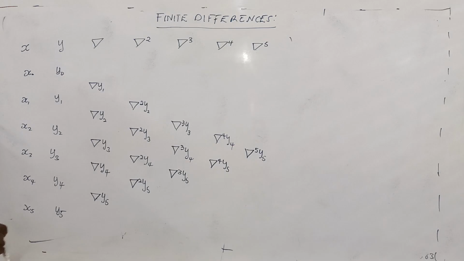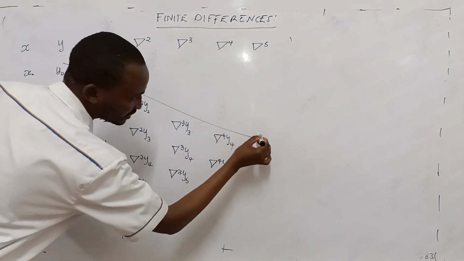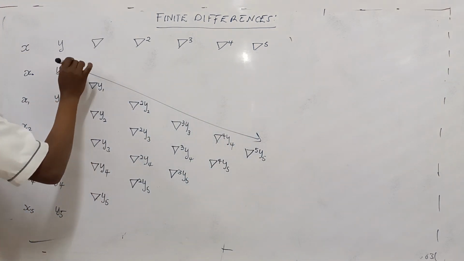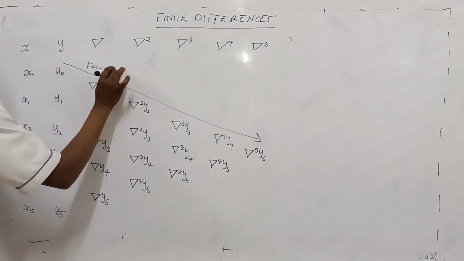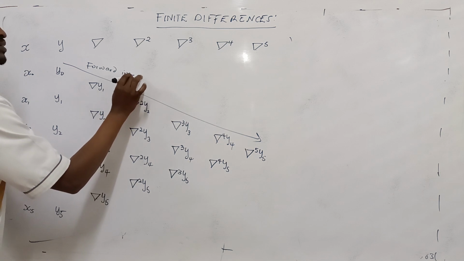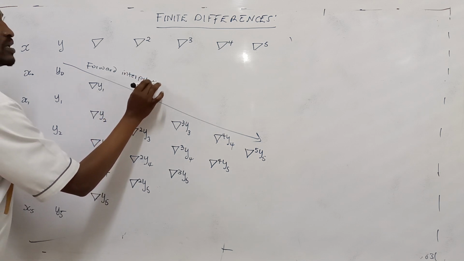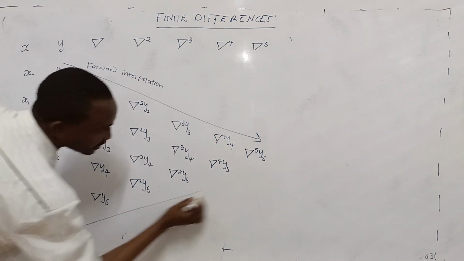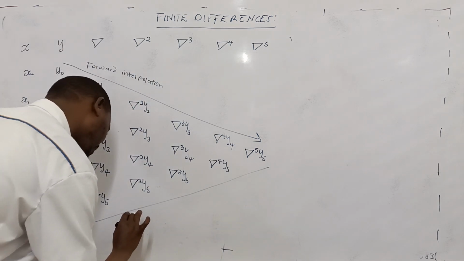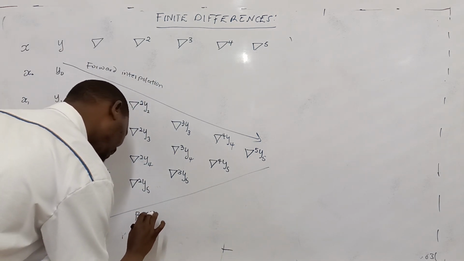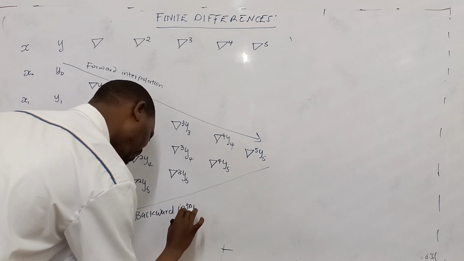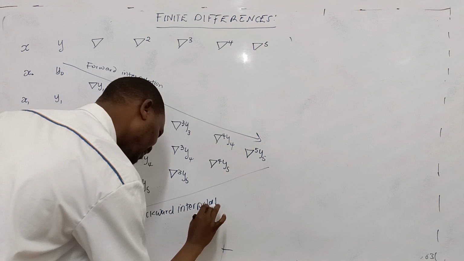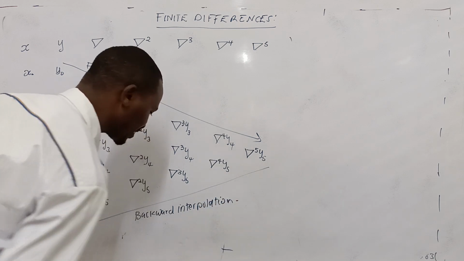The same table, if you take these values here, you can use them to answer a question for forward interpolation. And these values here, you can use them to answer a question for backward interpolation, where you are dealing with a backward interpolation formula, like Newton-Gregory backward interpolation.